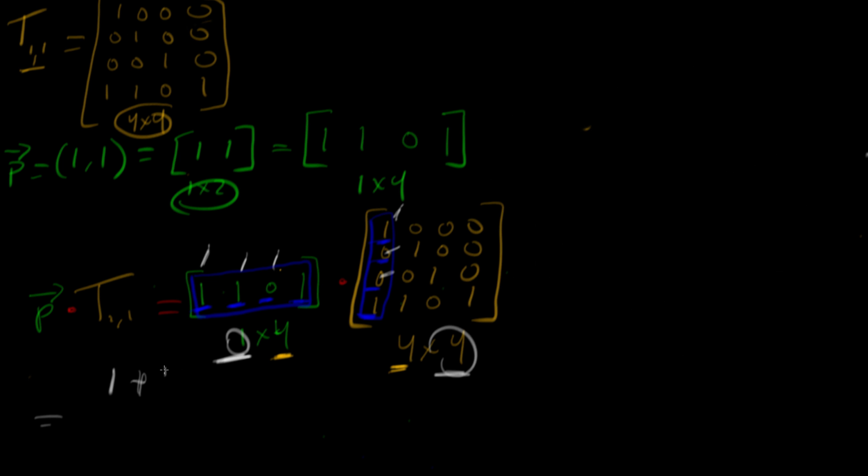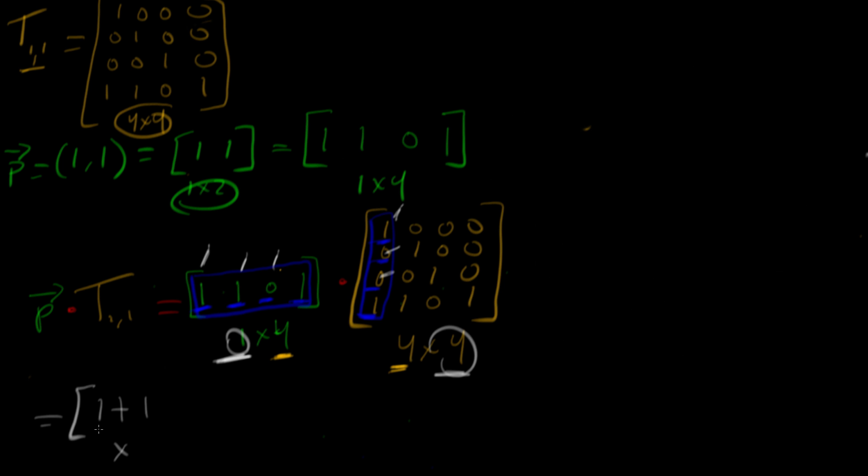So it's going to be 1 plus 1 because the other two values were 0. So that is going to equal 1 plus 1. So that is the x component.